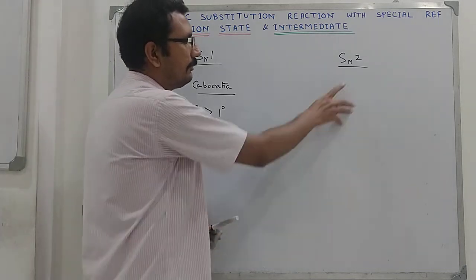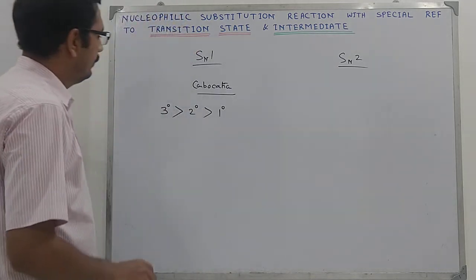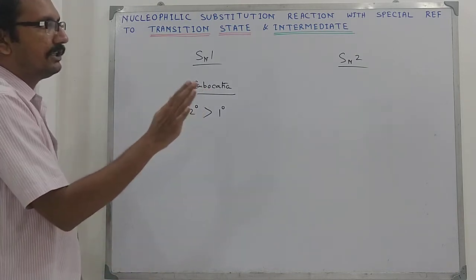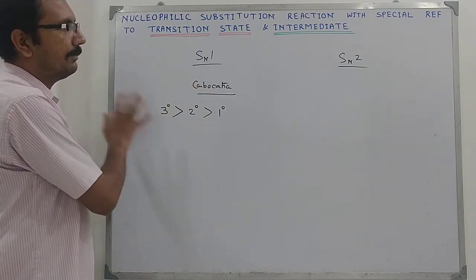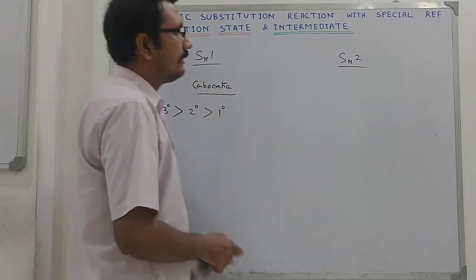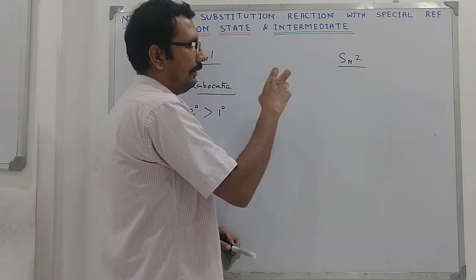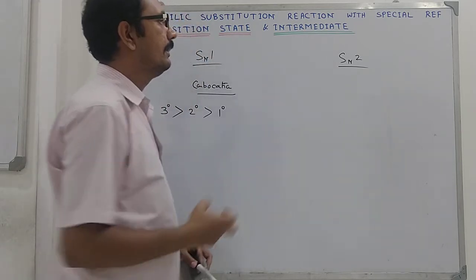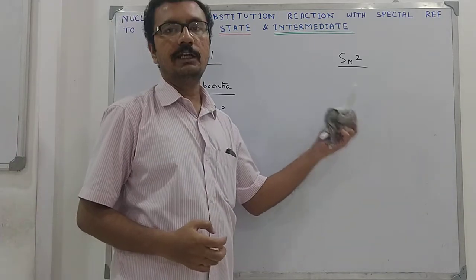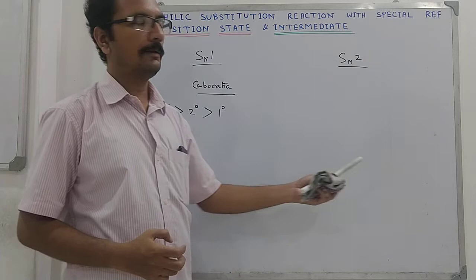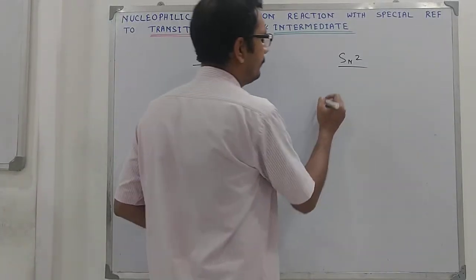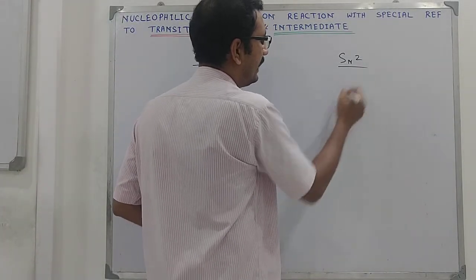Now for the SN2 reaction to occur, this electronic contribution is not required, that is the plus I effect or the hyperconjugation. Since the attack is a backside attack, it requires less sterically hindered electrophilic centers. So it is controlled by the steric factor.